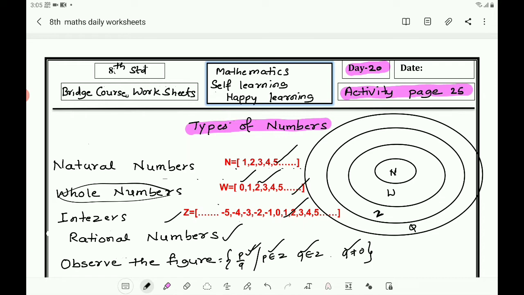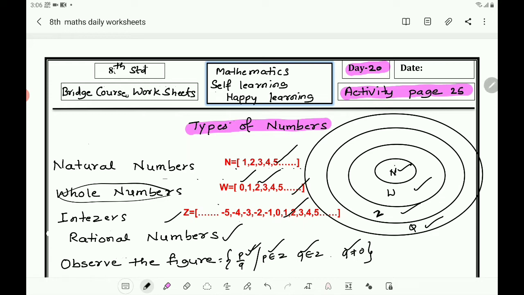Decimals and fractions. So here you can say that N is a subset of W, N and W are subsets of Z, and N, W and Z are subsets of Q. Here in the rational numbers, that is in the set Q, you can consider natural numbers, whole numbers, integers, fractions, decimals, all.